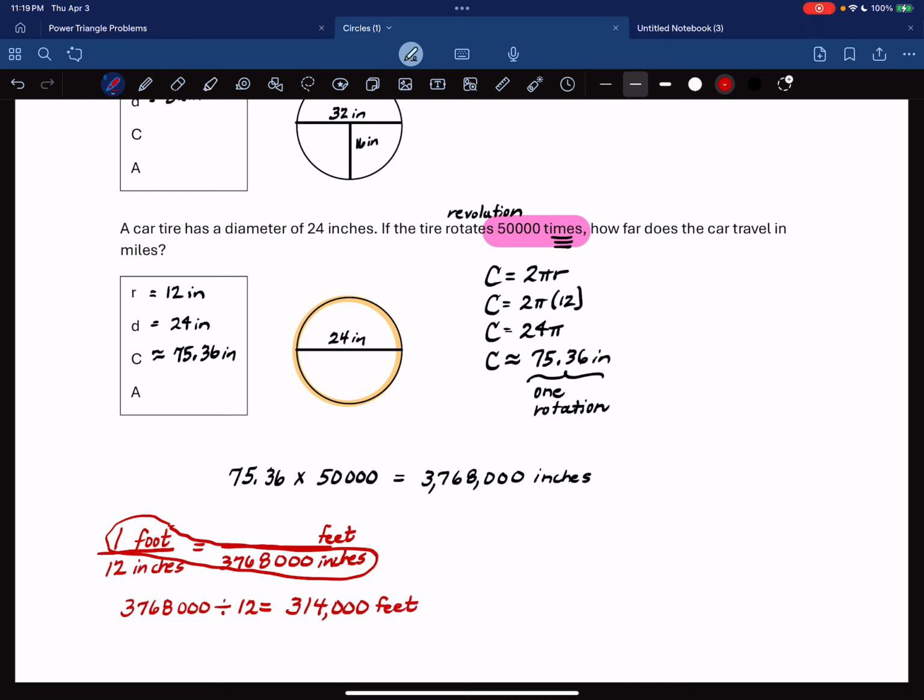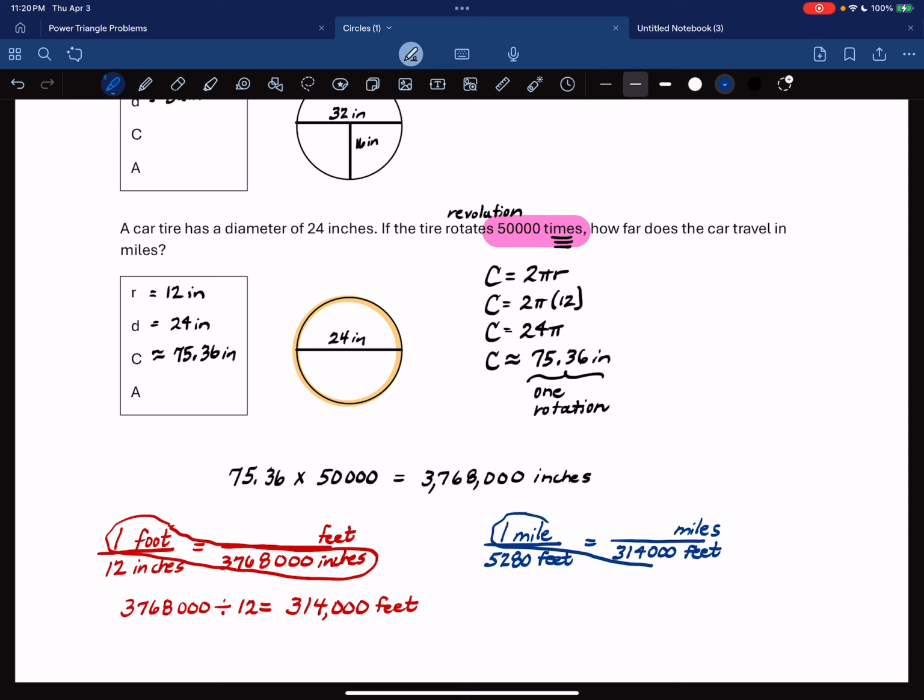Now we're getting there. We've got to convert our feet into miles because the answer they want is in miles. So let me change color again just so we don't get it all mixed up. And I'm going to convert 1 mile. I know that that's equivalent to 5,280 feet. And then I'm going to bring this ginormous number, although it's not as ginormous as the one before it, right in here. And then we will figure out the appropriate number of miles.